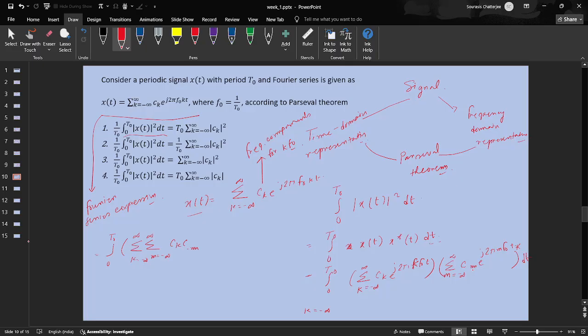So when I multiply it, it's c of minus m here, e to the power j 2 pi f k minus m. It's not c minus m, it's c conjugate, sorry about that, I'm taking the complex conjugate, e to the power j 2 pi k minus m f t, dt.